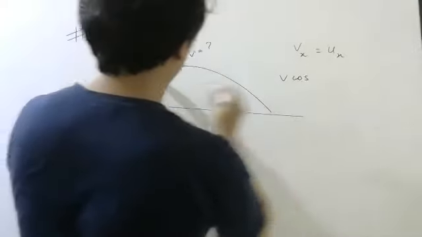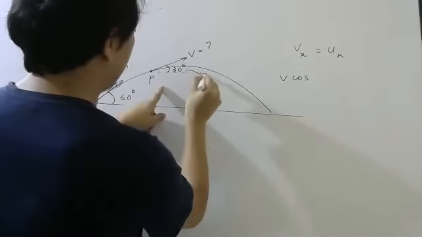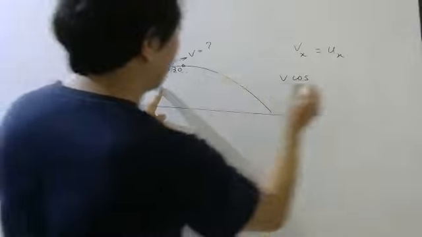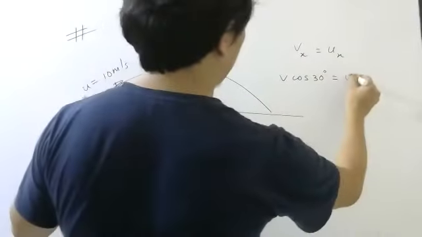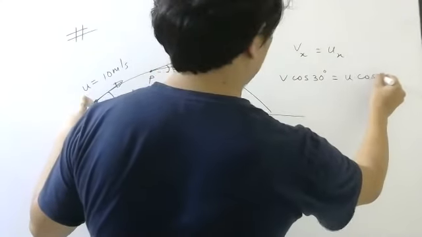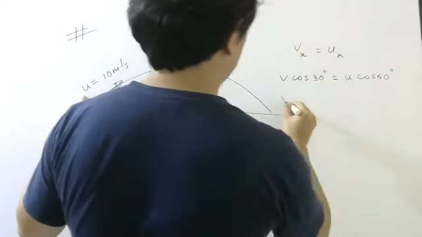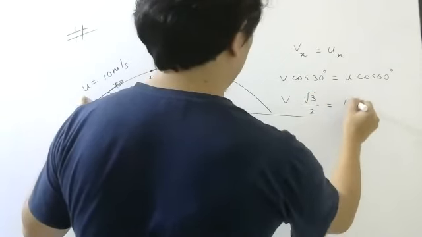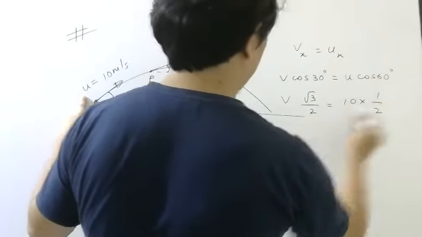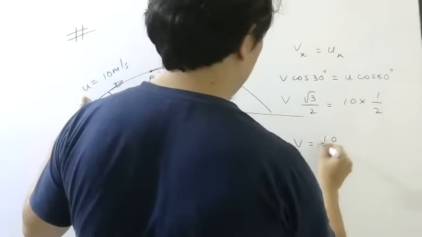V cos this angle. So let's say this angle is 30 degree. And Ux you already know, U cos 60 degree. So V cos 30 is √3 by 2. U was given 10, cos 60 is half. So V is 10 by √3.